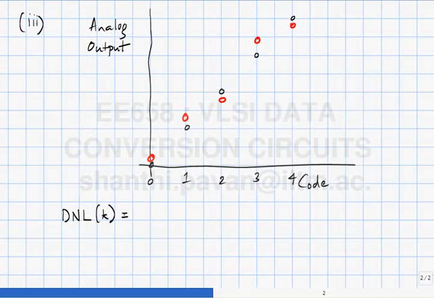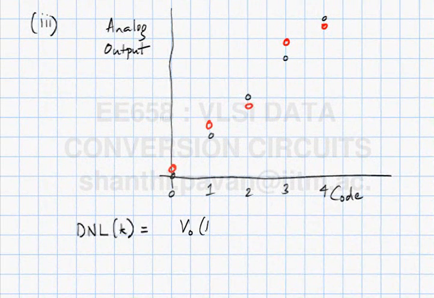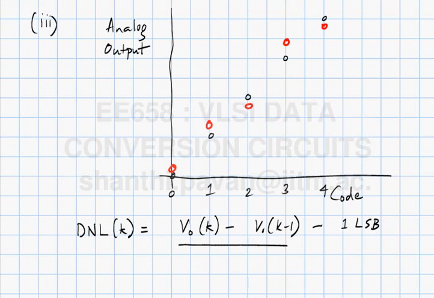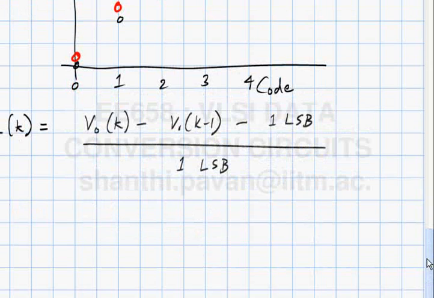So one simple way is V out of K minus V out of K minus 1, which is the change in the analog output voltage corresponding to the code K. This minus 1 LSB, divided by 1 LSB, is the differential nonlinearity corresponding to a code K, and this is a dimensionless quantity, since it is normalized to the LSB of the converter.